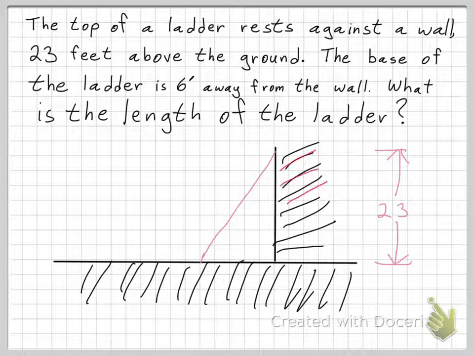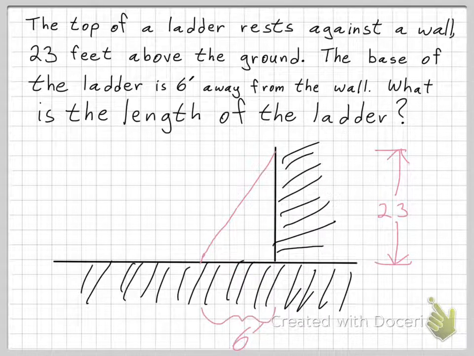This represents the building, and this represents the ground, and the ladder rests against the wall, and it's 23 feet above the ground. Okay, so that's the 23 feet above the ground. And the base of the ladder is 6 feet from the wall. And what is the length of the ladder? That's our question.